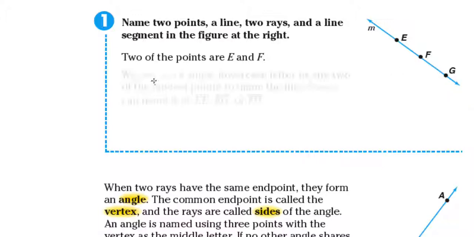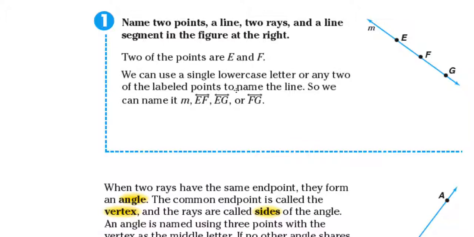We can also use a single lowercase letter, or any two of the labeled points, to name the line. So we can name it line EF, line EG, or line FG. We can also name it line M right there.